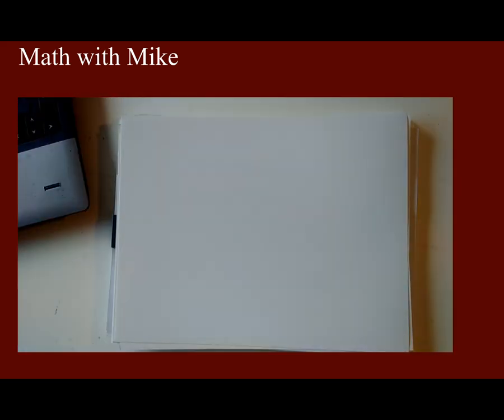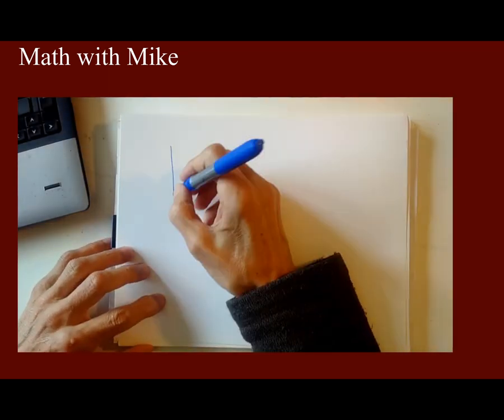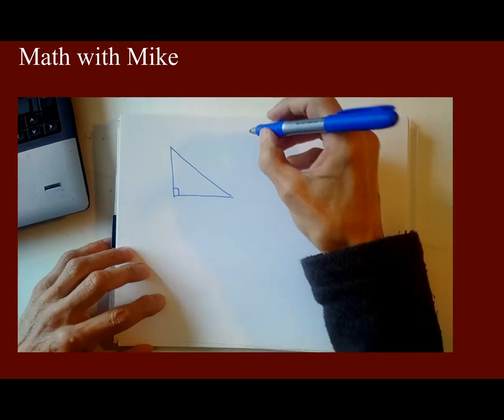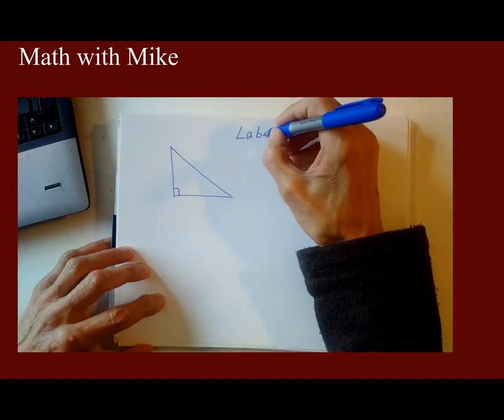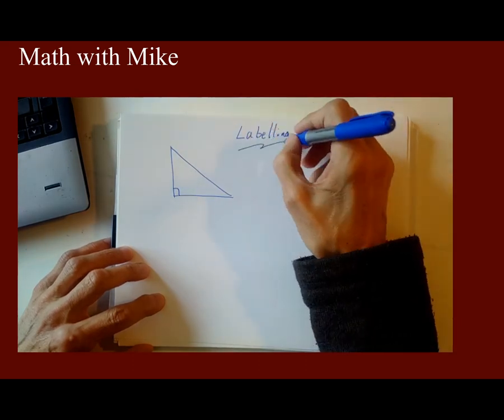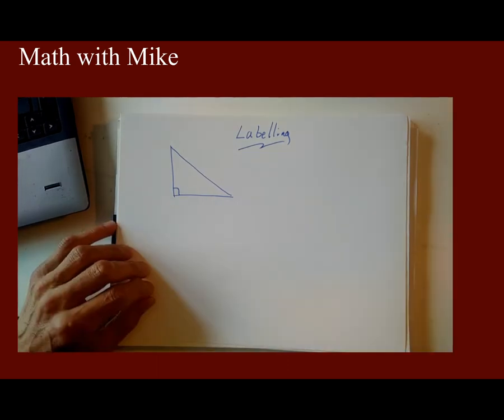When you're given a triangle, all the triangles we look at are going to have 90 degrees in them. Maybe later in life we'll change that, but for now that's what we got.